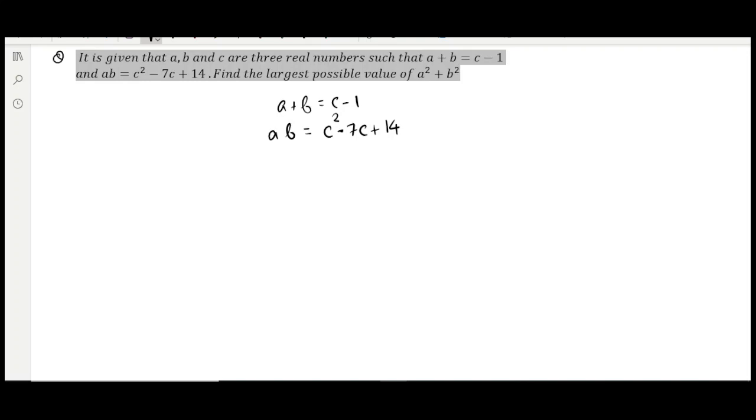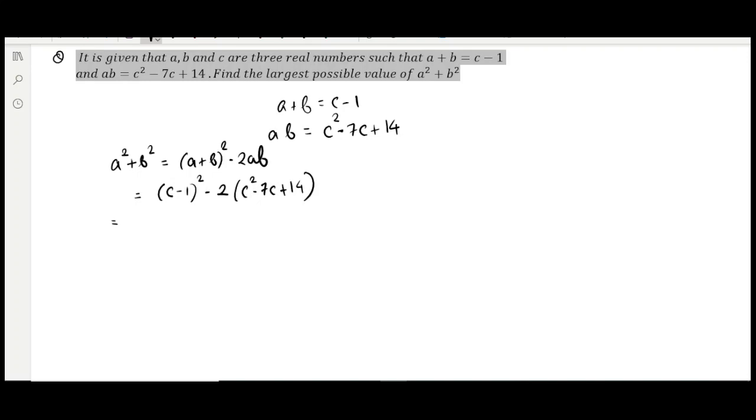If anyone has studied basic quadratic equations, they can easily figure out that a square plus b square is equal to a plus b whole square minus 2ab, and both pieces of information are provided here. So a plus b whole square can be written by substituting c minus 1 for a plus b, and this will be minus 2, and ab is c square minus 7c plus 14.